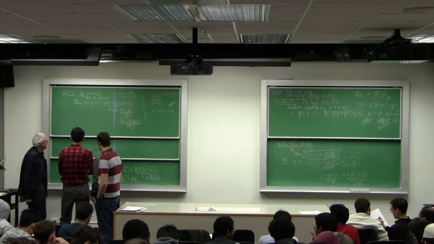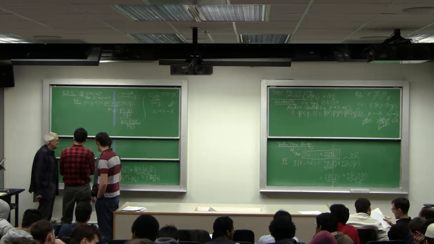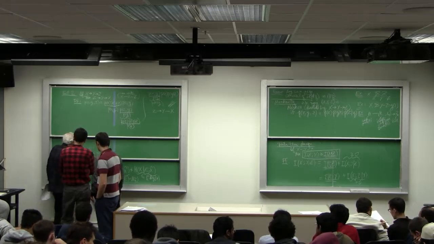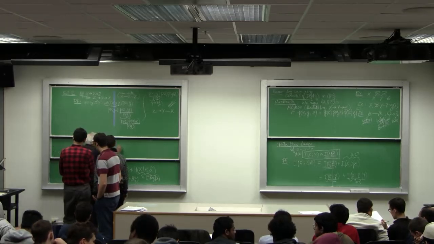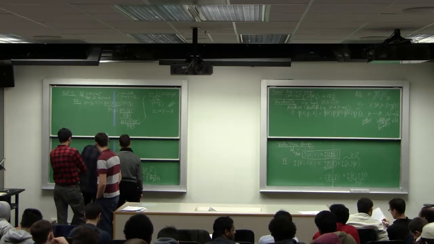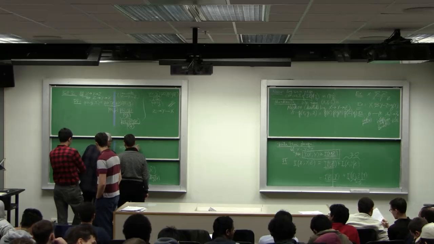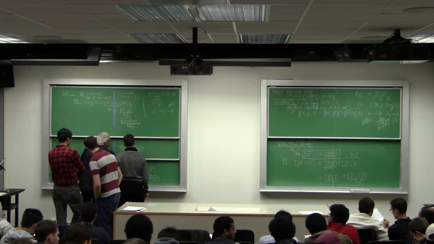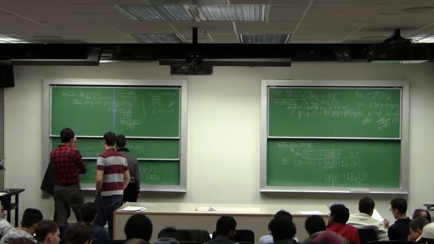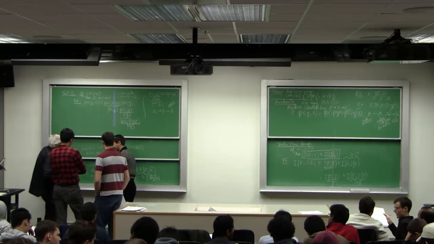If you've proved that H of G of some random variable Z is less than or equal to H of Z, that's the data processing idea.